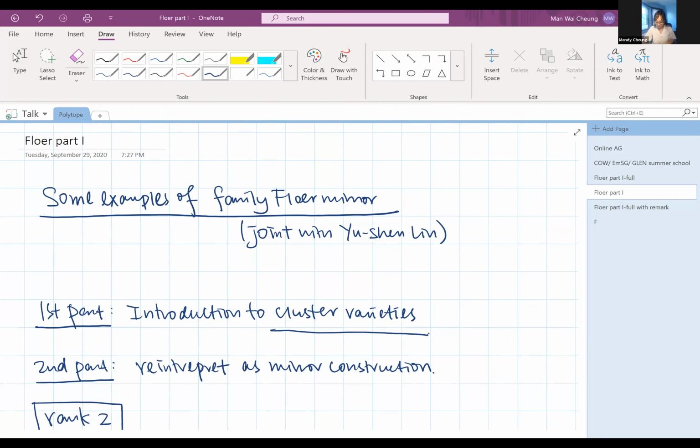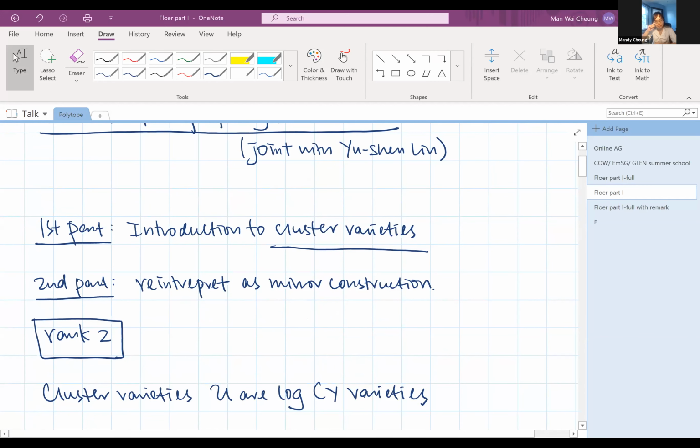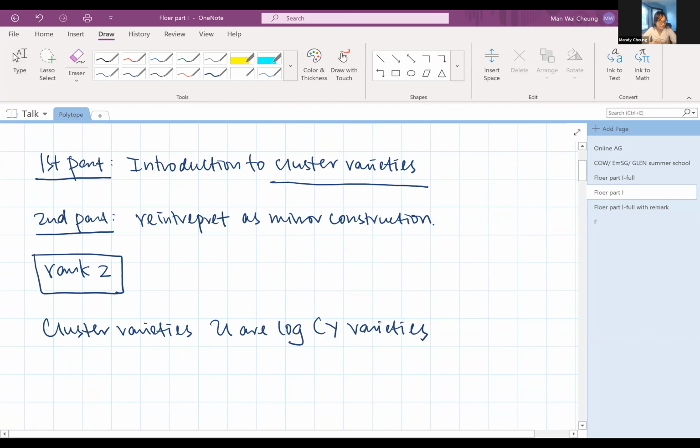So the first part will be a very brief introduction to cluster varieties. And as our examples, we are still in the dimension 2 world. We haven't gotten to higher dimensions yet.